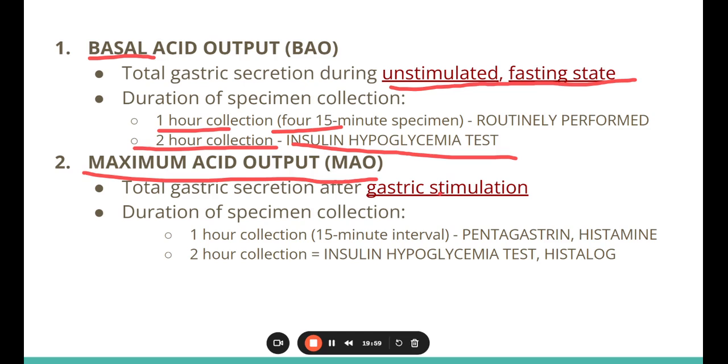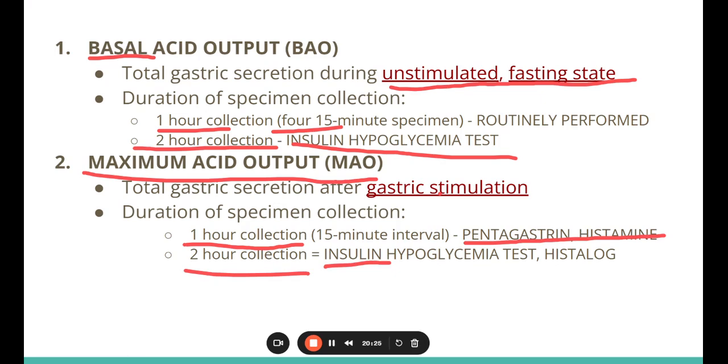So how long is the collection for MAO? It actually depends on the chemical that has been used or has been injected. For example, if pentagastrin and histamine are used, so that is 1 hour collection with 15-minute interval. While if insulin is used, then that is 2 hour collection.